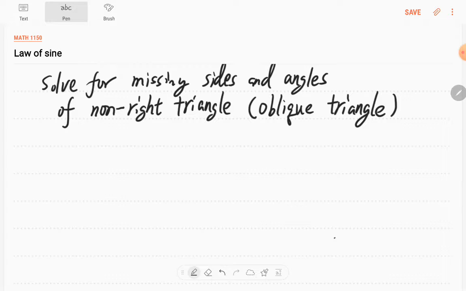So the first one is called the law of sine.